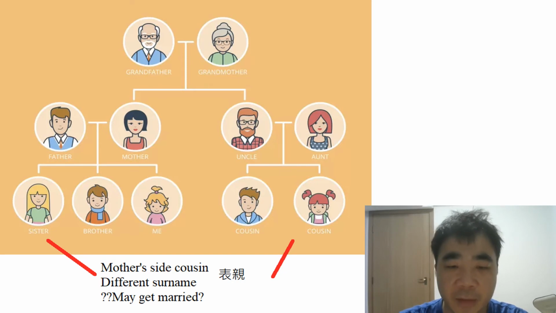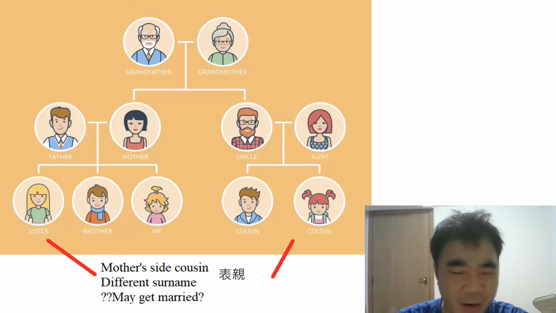Okay, I need to specify in this way because no matter father side cousin, mother side cousin, we share some genetic correlation either from the father side or mother side. But in all traditional Chinese society, we have some rule like my age in 1980s, we still have some rule that allows the cousin to get married.